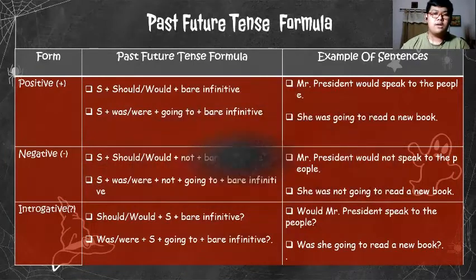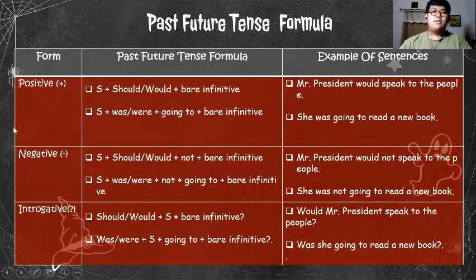Now for the formula. The positive one is subject plus should or would plus bare infinitive, like Mr. President would speak to the people. And the second one is subject plus was or were plus going to plus bare infinitive.